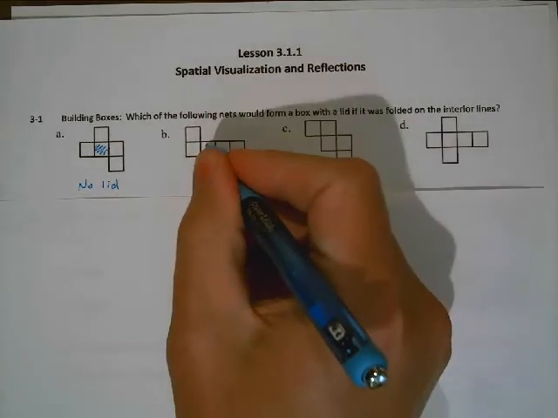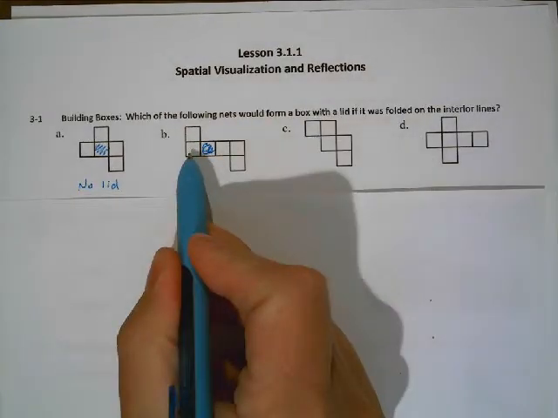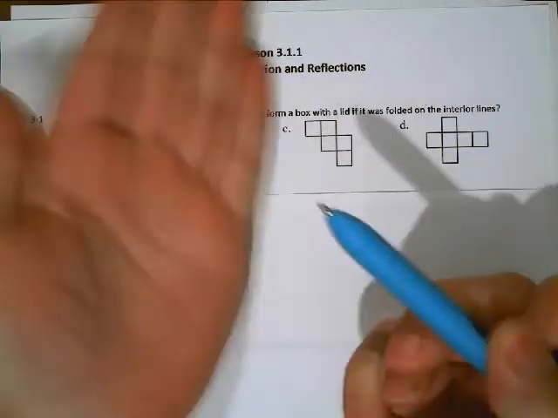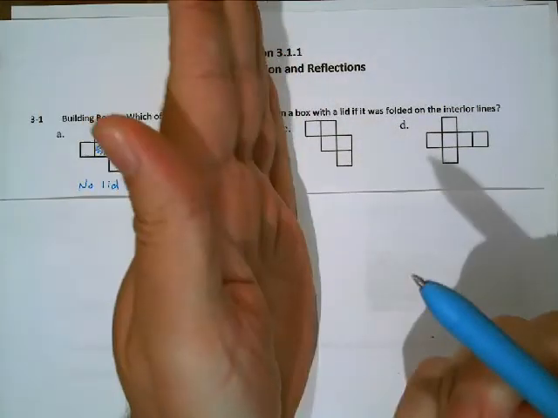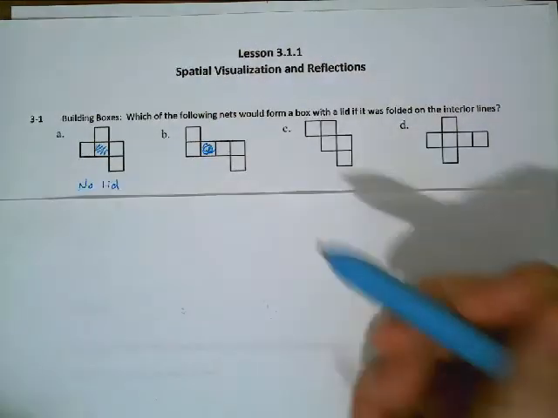The next one, you can pick any one of these to be the bottom of your box. I'm going to pick this one. So this is the bottom of my box. Okay, so if this section is tilted up, and then this part is tilted, so this section gets moved up and this part gets tilted, now we have two sides to the box.